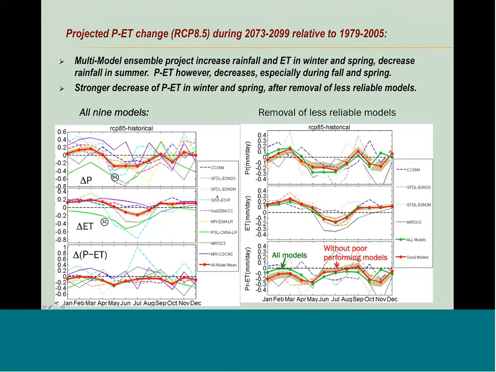And this figure shows comparison between the projected change of precipitation, ET, and the P minus ET for all 9 models versus the better quality models for the south central U.S. First of all, you can see that most of the outliers are removed when you remove those less reliable models. Second, the ensemble mean of these so-called better performing models, which is represented by the red line, suggests a stronger decrease of P-ET or stronger drying during the winter and the spring relative to the all-model mean, which is the green thick line.